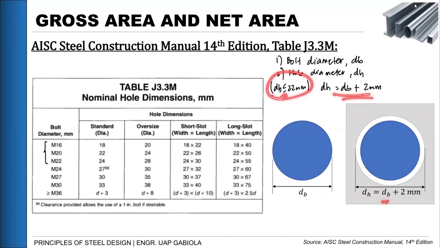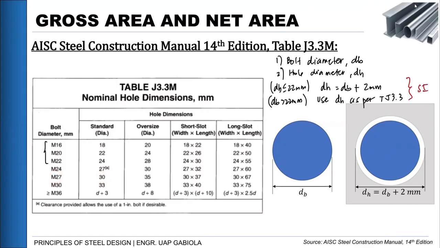And kapag hindi na yan yung diameter ng bolts, for dB greater than 22 mm, use dH as per table J3.3 na ang gagamitin natin. So, kasi halimbawa, naging 27 na siya, so 30 na po yung gagamitin natin. So, that is the case for metric natin. Ito yung para sa SI.